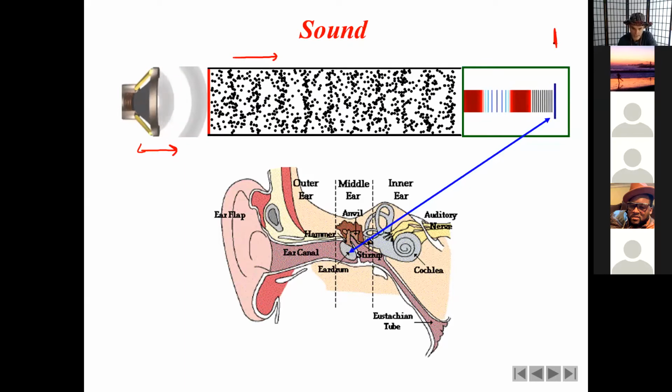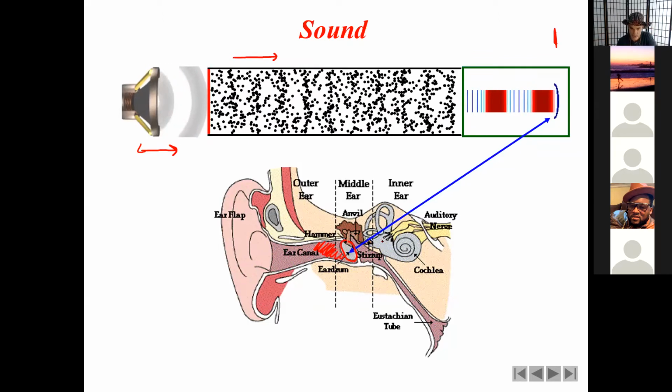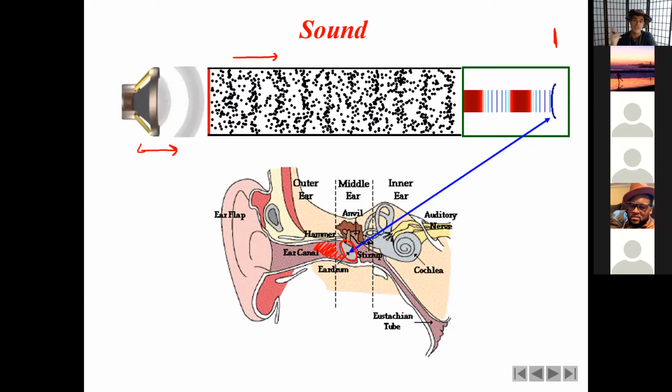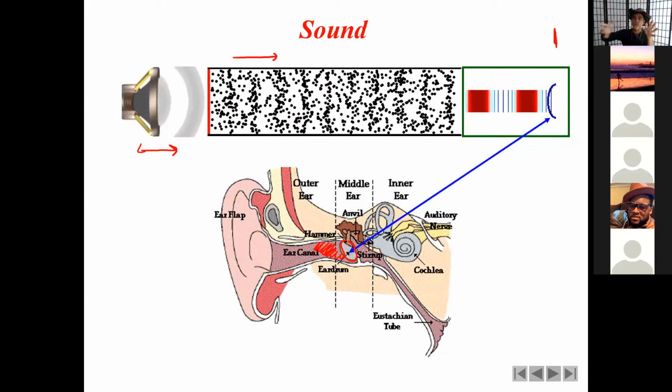So just real quick, inside your ear, here's your eardrum. The pressure outside here changes depending upon the sound waves that are traveling through it. The pressure inside your head doesn't change. It's basically atmospheric pressure. So anytime there's a bigger pressure outside, it pushes your eardrum in. Anytime there's a lower pressure outside, your eardrum is pushed out.